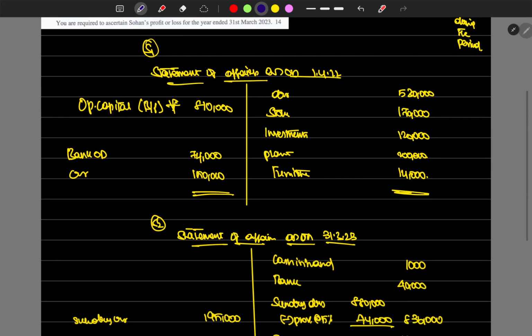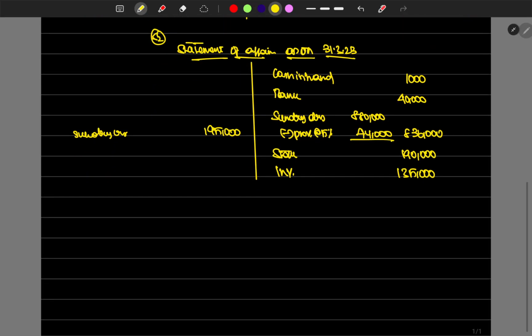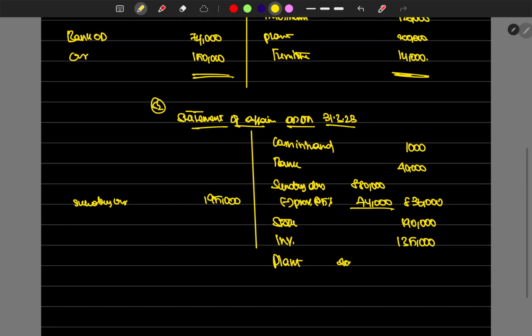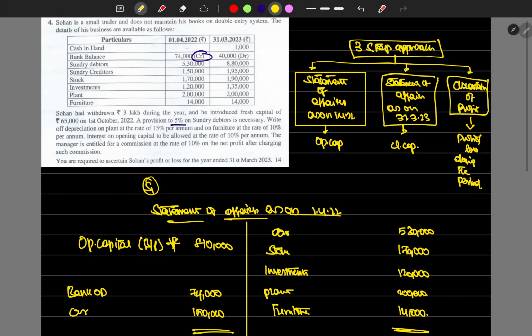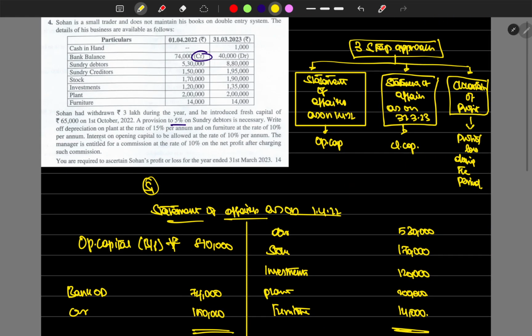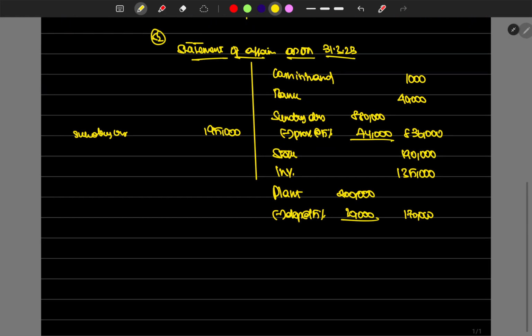Plant is 2 lakh, minus depreciation at 15%, which is 30,000, so 1,70,000 is the plant balance. Then we have furniture, with 10% depreciation.